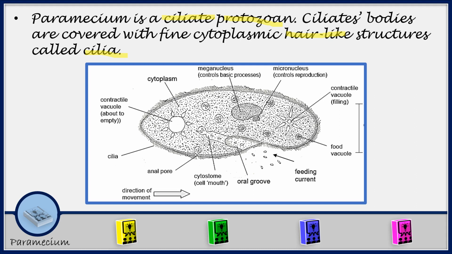So we are looking at a paramecium, and we are saying it is a ciliate protozoan, meaning that it has got cilia. When you look at it, it has these small structures that you're seeing coming off the membrane. Those are the ones that we are calling the cilia.